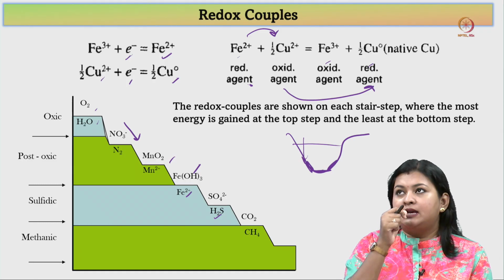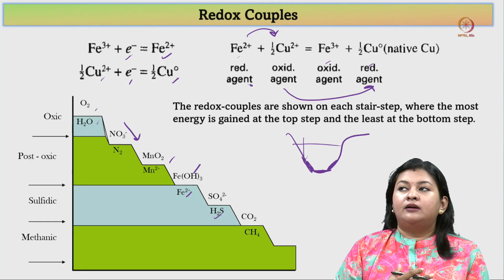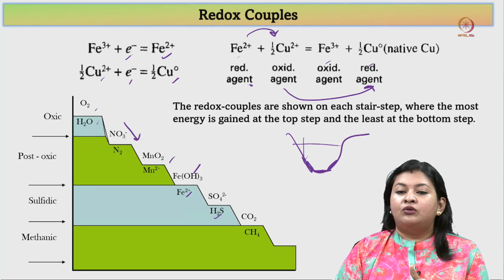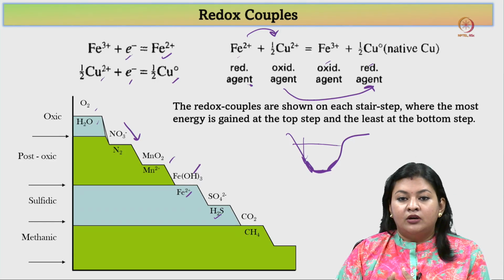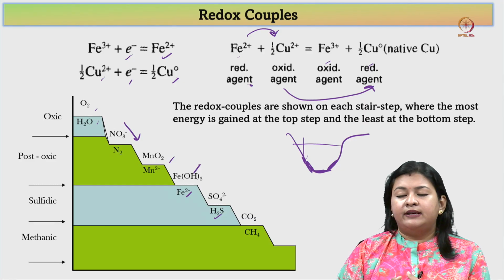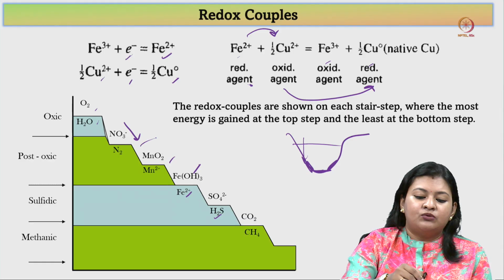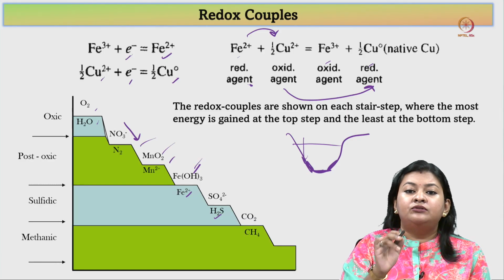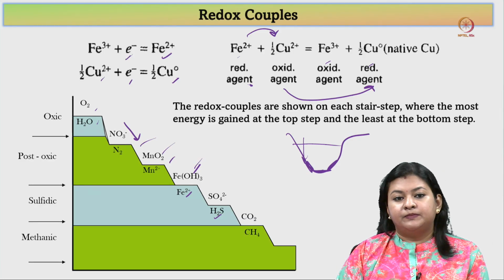And it is often seen in places which see a lot of organic matter. There is so much organic matter that your oxygen level is so low that you quickly surpass all these conditions and you start forming methane gas.